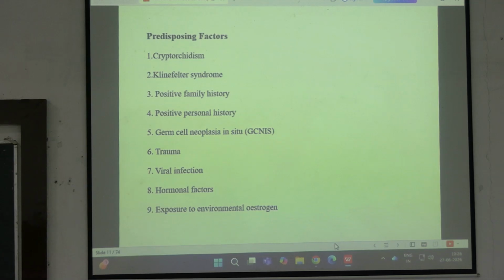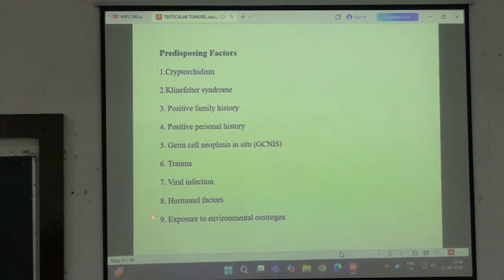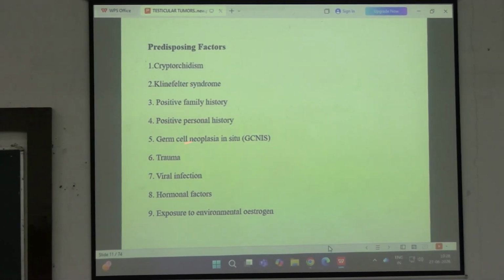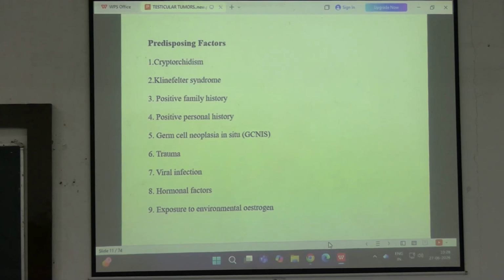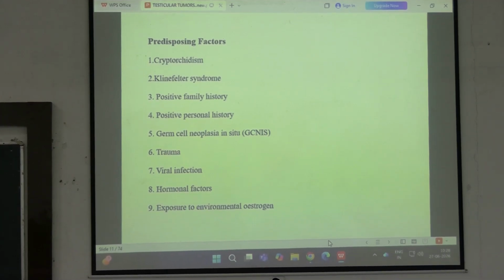Yes, undescended testis, very good. Next is Klinefelter syndrome. Then, you know what Klinefelter syndrome is, right? Okay. Then positive family history, positive personal history, then germ cell neoplasia in situ.